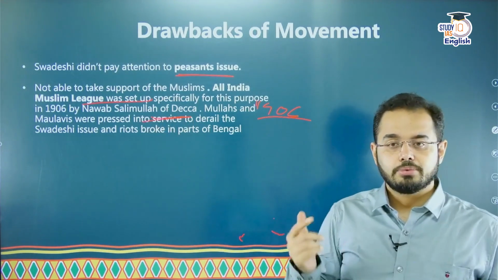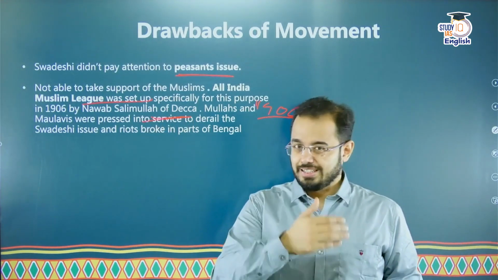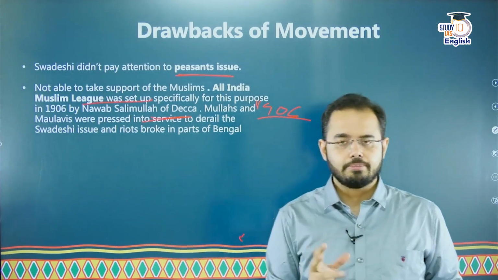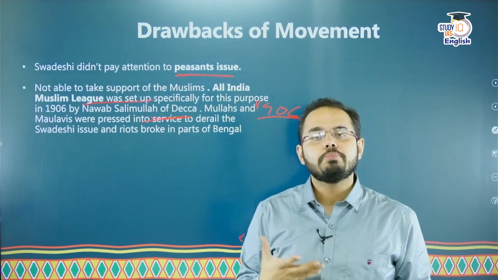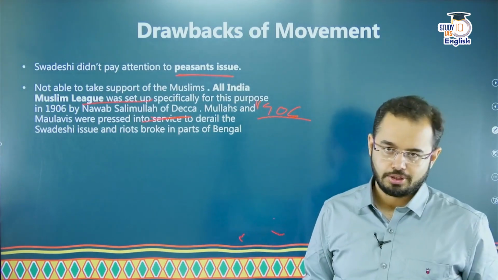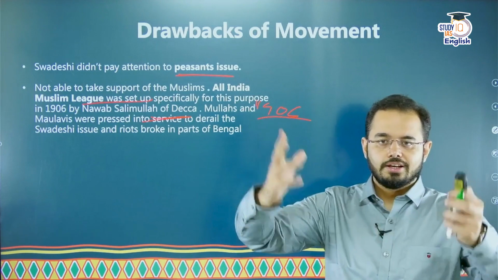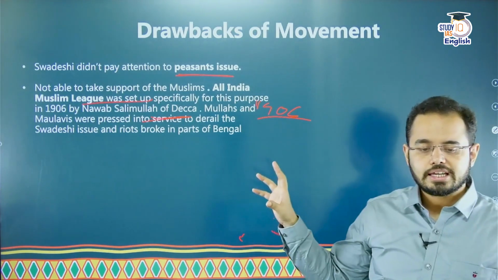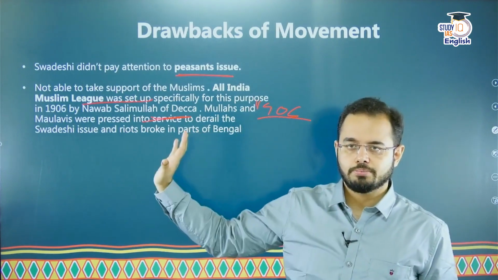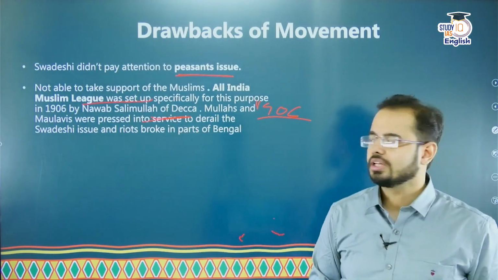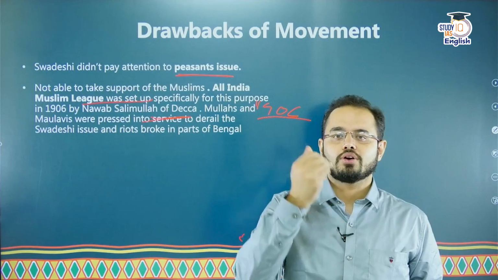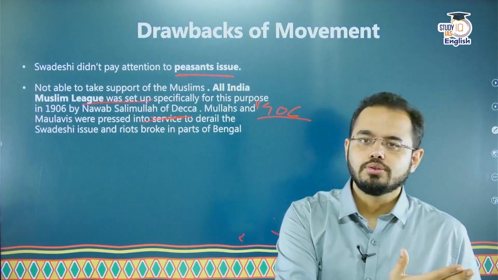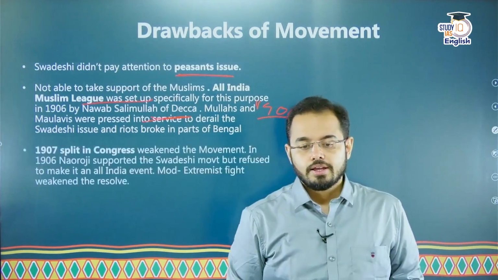Now, Nawab Salimullah of Dhaka was a Nawab at that point of time of the Dhaka area, who benefited a lot from the partition, because Dhaka would certainly rise in eminence as it was becoming a capital. And it was basically helped from the backside by the Britishers, because they wanted one religion-based party to stand up in opposition to Congress.